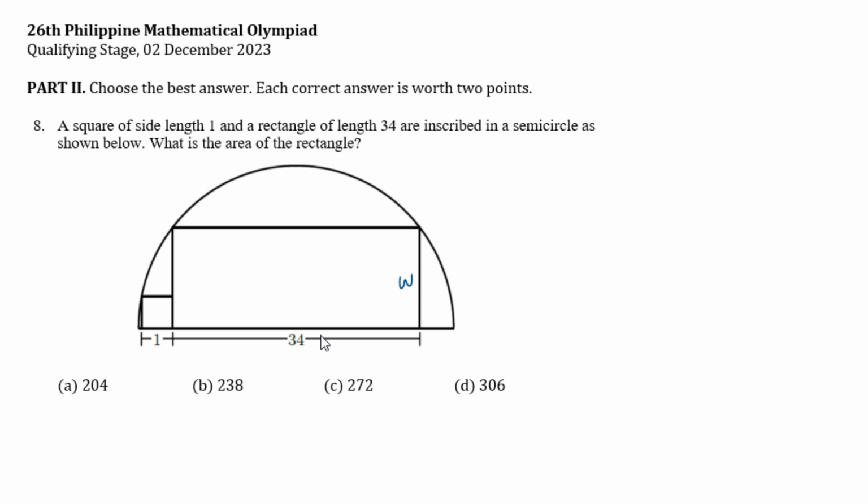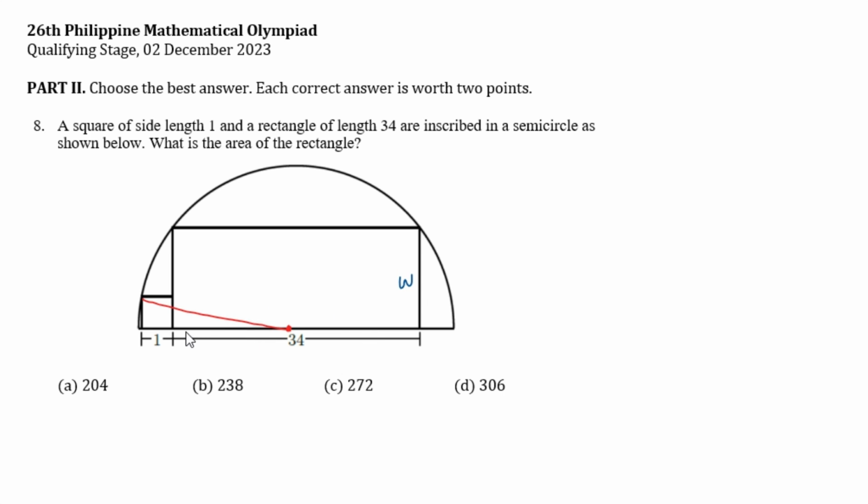To do this, I'm going to connect the center of the semicircle to this point to create a radius. Now, we have a right triangle with a base of 17 plus 1, because the center is exactly the midpoint of the longer side of the rectangle.